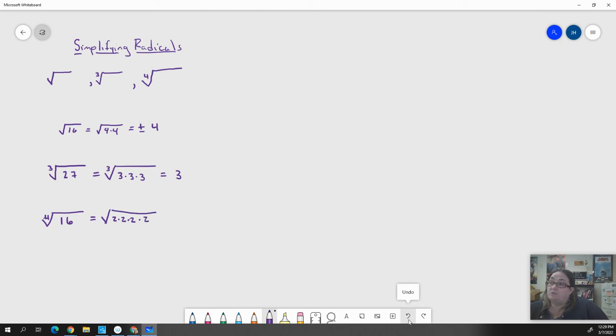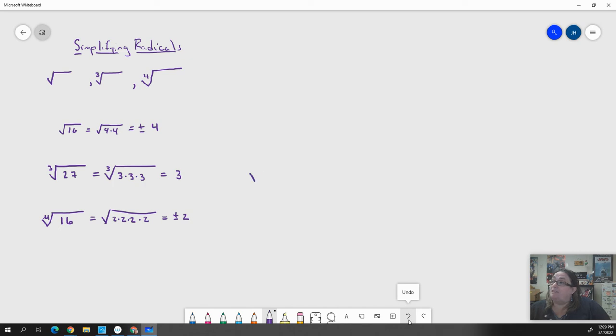So 2 raised to the 4th power would equal 16. So I could say this is plus or minus 2. Notice when my roots are even, my solution is plus or minus, right? When my index is odd, it's 3.